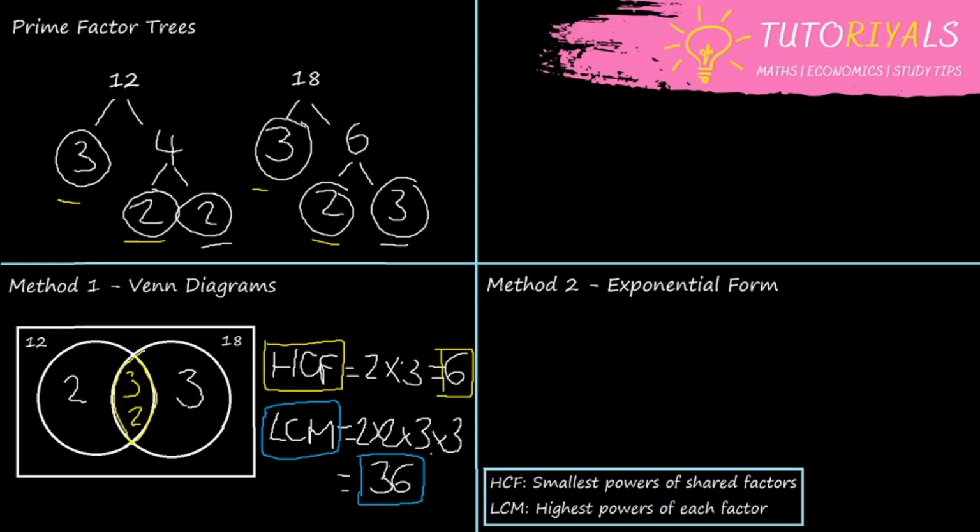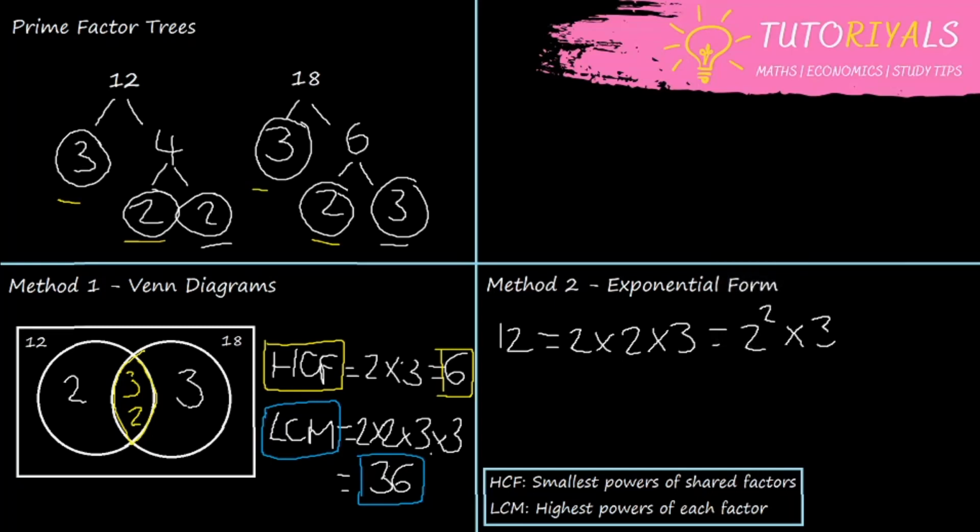Now there is another method we can use which will get us to the same answers. This is by looking at our numbers 12 and 18 as a product of their prime factors. If we looked at our prime factor tree for 12, we can write 12 as 2 times 2 times 3. In exponential form, this is 2 squared times 3.